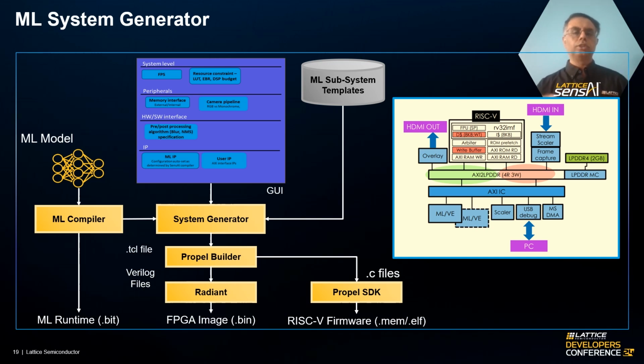And then of course we have many ML subsystems and templates already stored in a library, which act as input to the generator. All these inputs are considered to tune the system for various configurations and come up with a recommendation for the user: this is the most optimal solution for your end application.